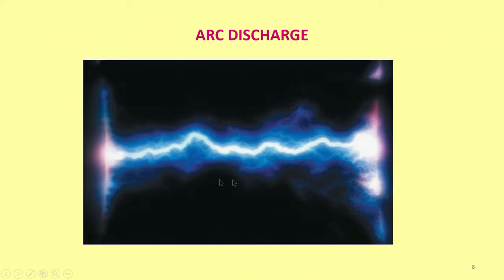Here is one electrode, here is another electrode, and then they come nearer, and then the arc will form, electric current will pass through, and this is how the arc discharge will take place. So, you keep them farther away, there will not be any interaction. You bring them nearer, nearer, nearer.